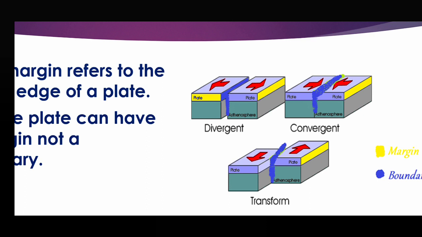This edge is called the margin. And when two plates are moving side by side, away from each other or towards each other, it means there is one line along which they are moving. This line of movement is called the boundary.